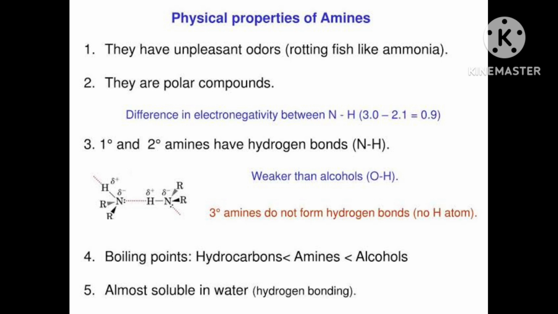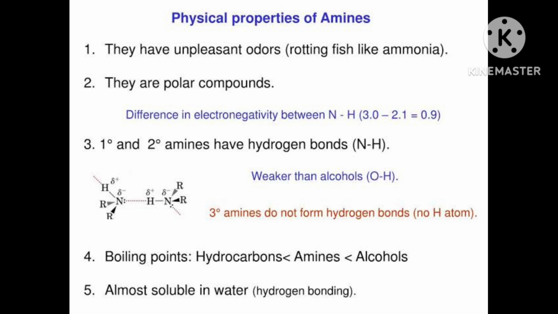That's why its boiling point will be less, because it will require less heat to break the bond, correct? And tertiary has no hydrogen bonding, correct? Then primary will have a higher boiling point than secondary, and secondary will have more than tertiary.